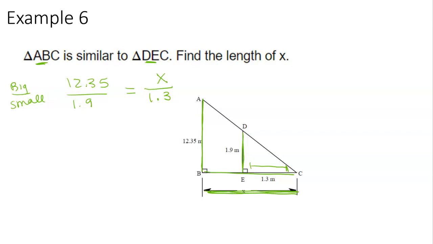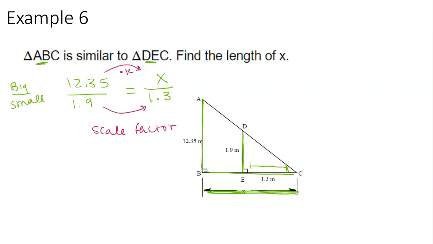And in this case, I don't think that there's one particular method that is more efficient than the other. So I would say, let's just try the scale factor, because I think we did the internal one last time. So scale factor sends us from one fraction to the other. So I'm going to say, okay, I really want to know 12.35 times what?